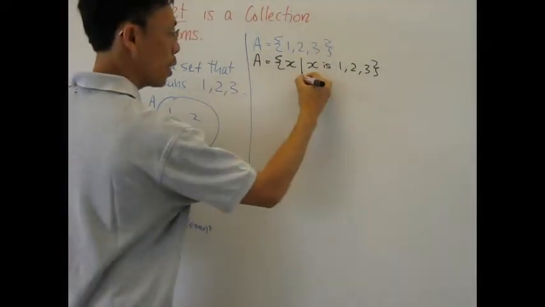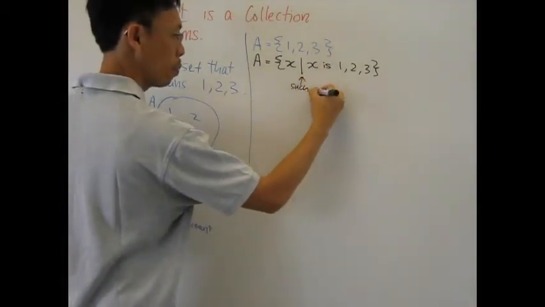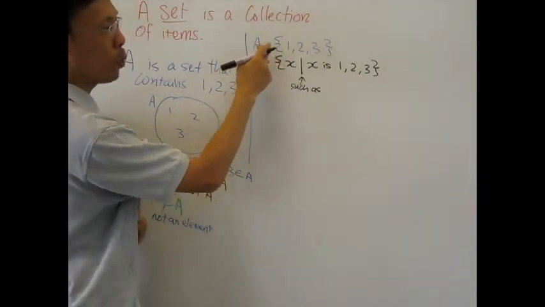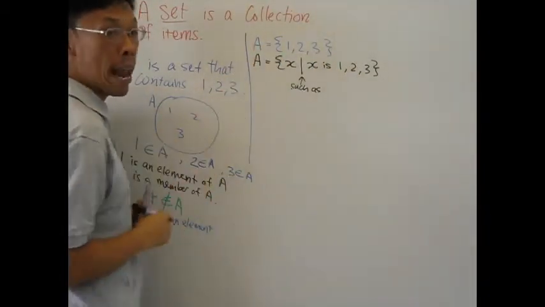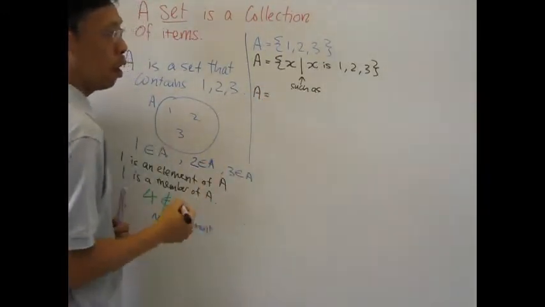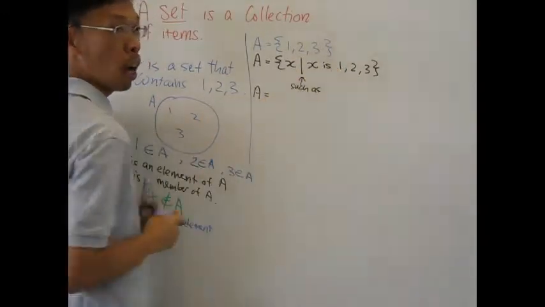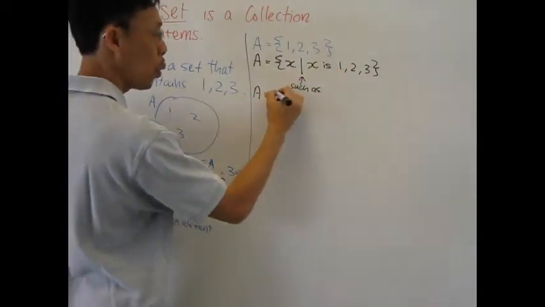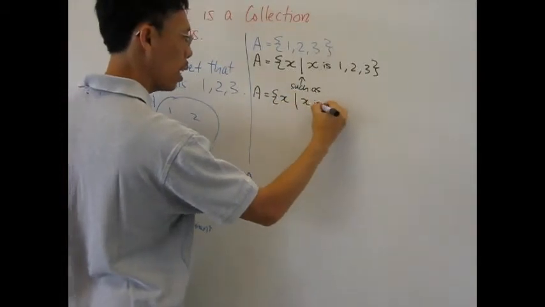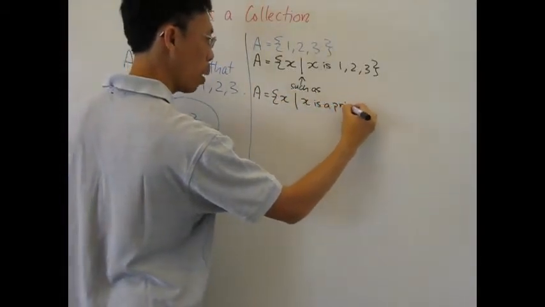This is read as "such that". Actually, the first one is not superior to this one because A is very simple, but the condition notation can be useful when you are writing something like this: {x such that x is a prime number}, for example.